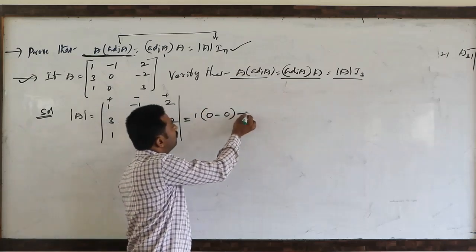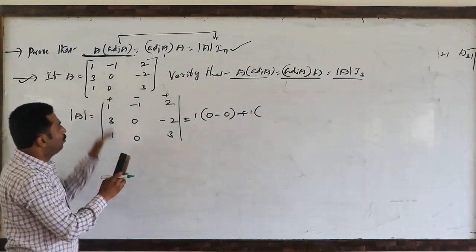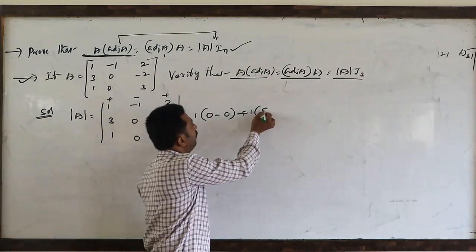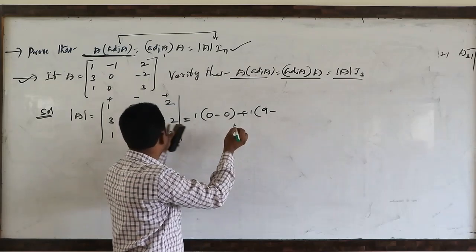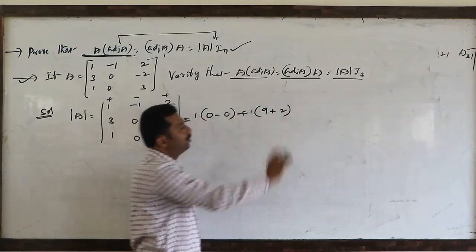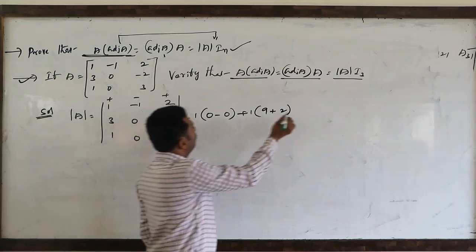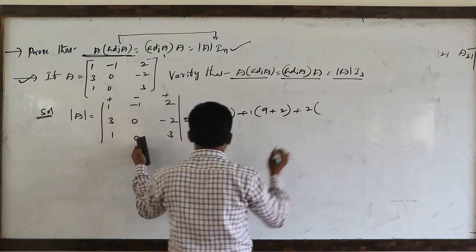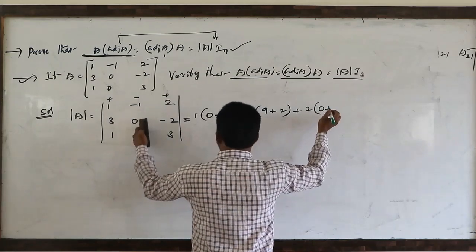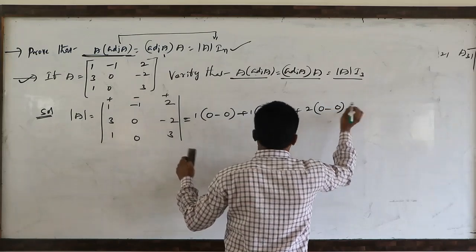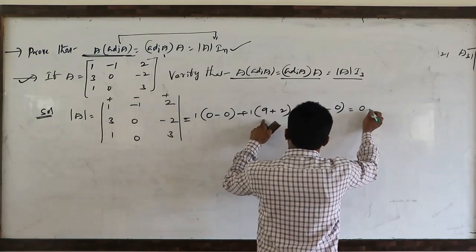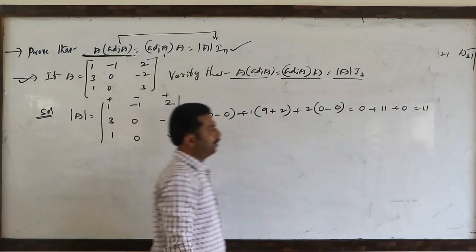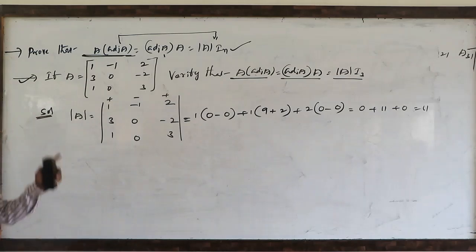Minus of minus, plus 1 into, you close this row and this column, see, 3 into 3, 9, minus 1 into minus 2, so this will be plus 2. Plus 2 into, you close this column and this row, 3 into 0, minus 0. So clearly this is 0 plus 11 plus 0, nothing but 11. So determinant of A equal to 11.